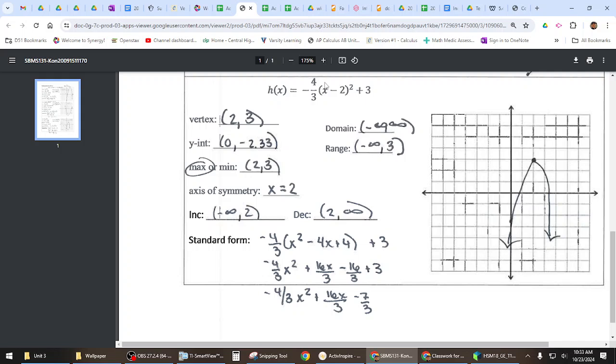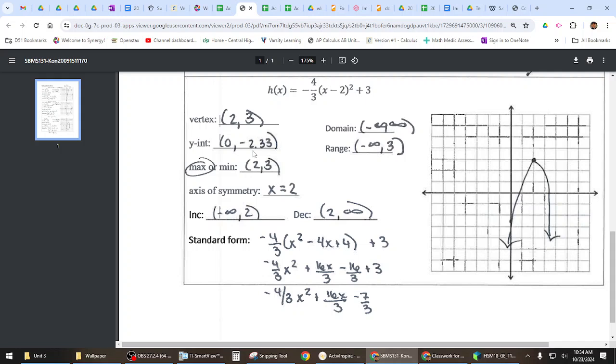Then be careful with order of operations. What is -2 squared? That's where you need to start. It's 4, positive 4. And then 4 times 4/3 is 16/3, but negative now. And then this is 9/3, so we get -7/3. Okay? Which is the same as 2.33.